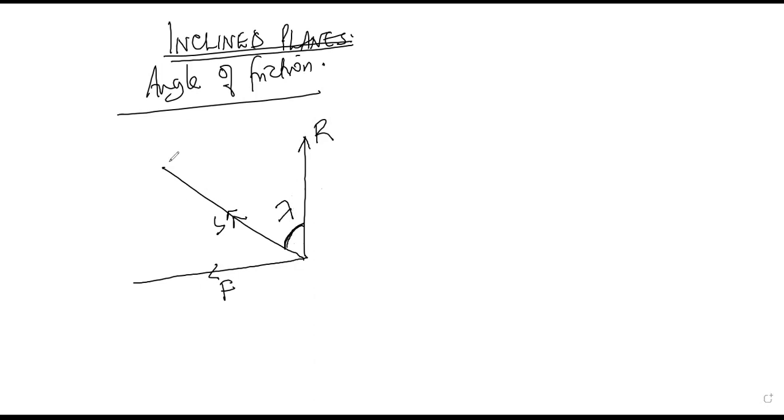So if you complete this, still here we have F. Since this one is F, even this one will be F. Now, from this diagram, we can deduce that tan lambda is equal to opposite, which is F, over adjacent, which is R. But F over R, the ratio of frictional force and normal reaction, is a constant, which is mu.